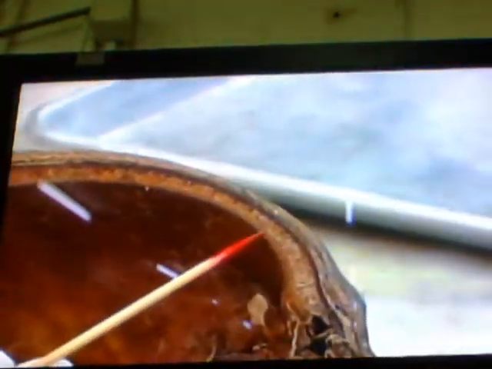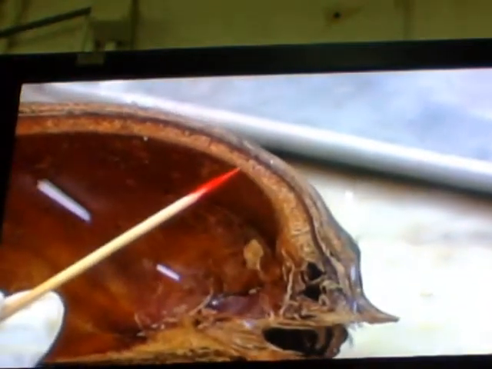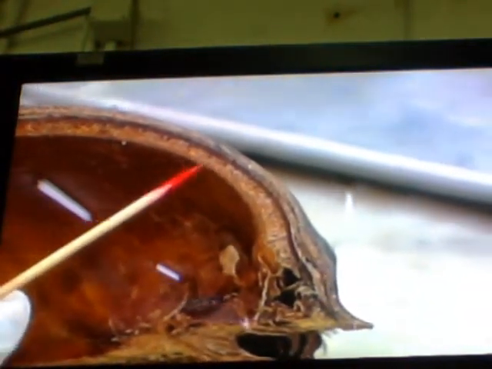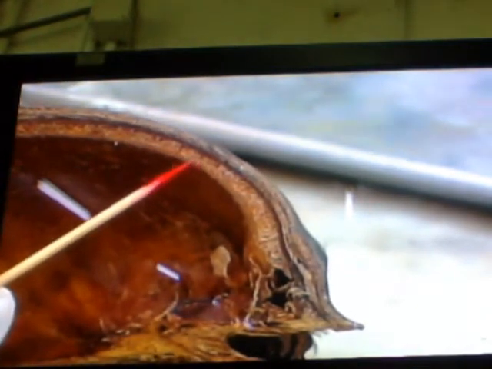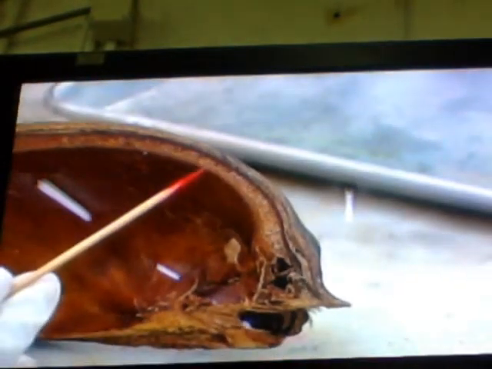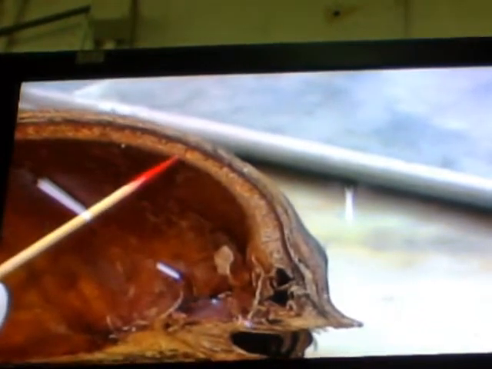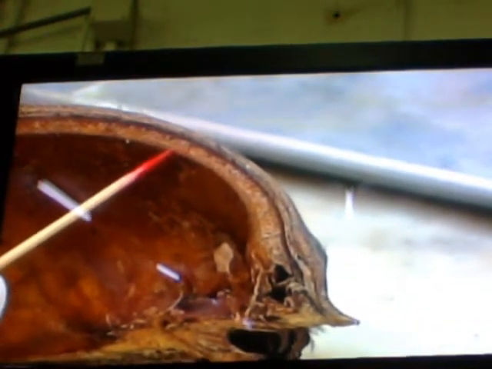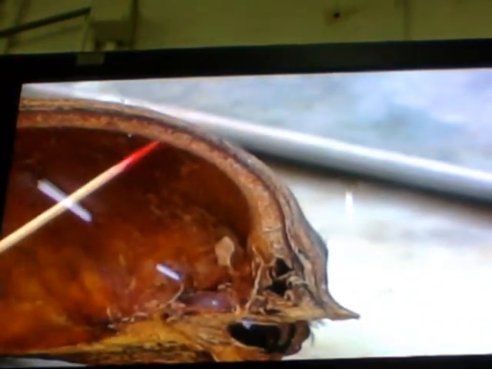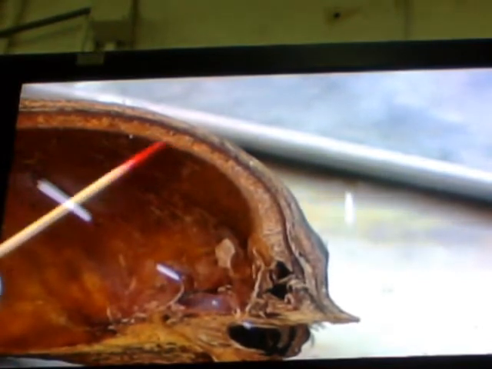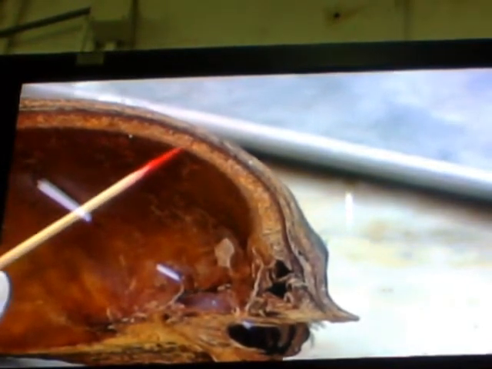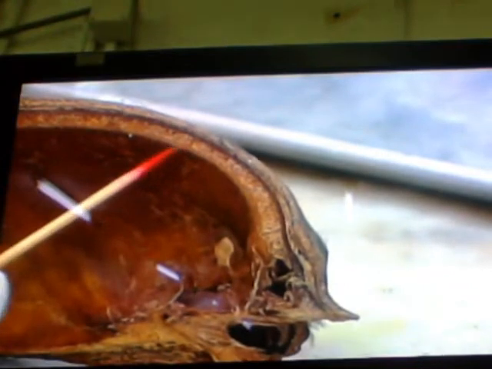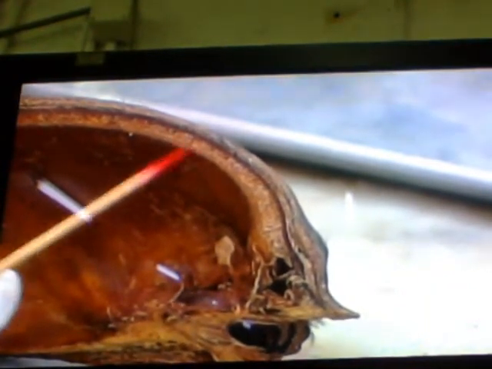Now, this table one. The point is the compact bone of the inner table of the frontal bone.